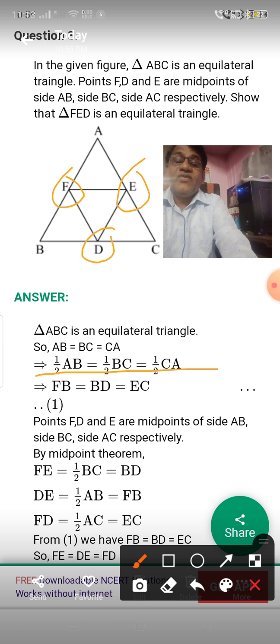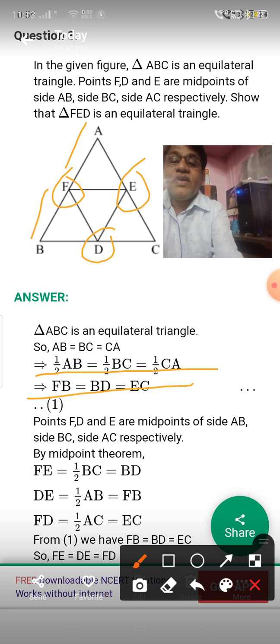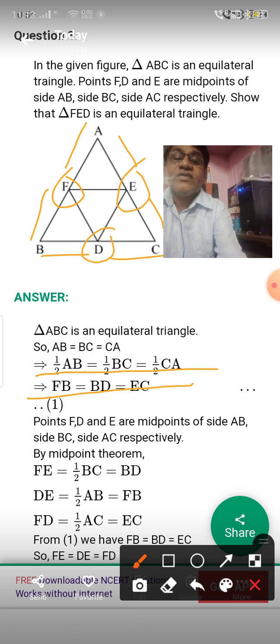Therefore FB is equal to BD is equal to EC. This is equation number 1.